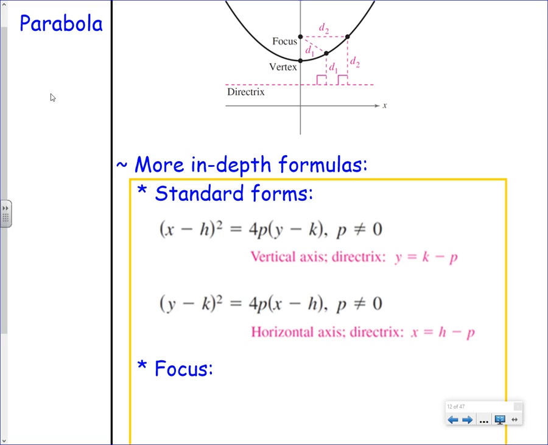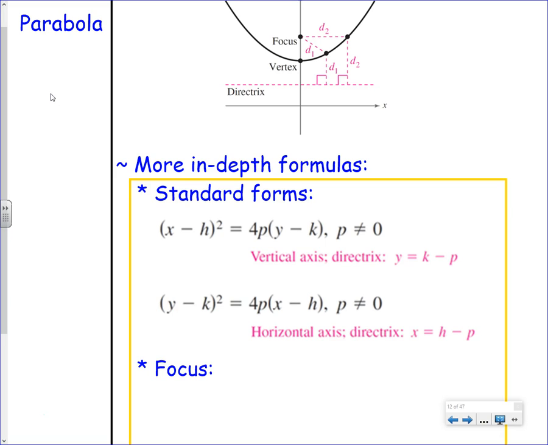Here's a picture to remind us of what's going on. Parabolas can go many ways, not just up. They can go down or right or left. The focus will always be inside the curve, inside the parabola's branch.